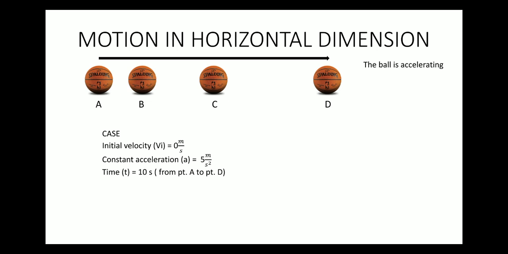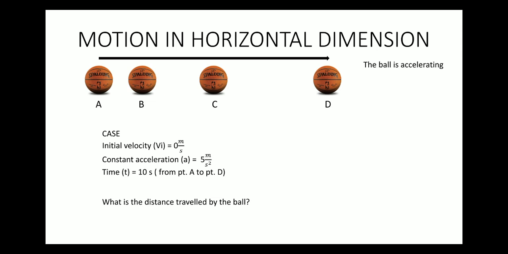The initial velocity of the ball is 0, so Vi is equal to 0 meters per second, and the constant acceleration is, let's say, 5 meters per second squared. The time it takes for the ball to travel from point A to D is 10 seconds. What is the distance traveled by the ball from point A to point D?